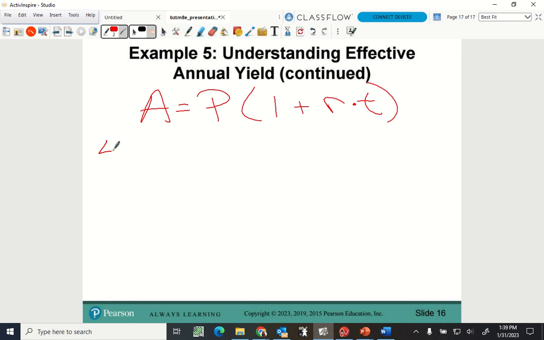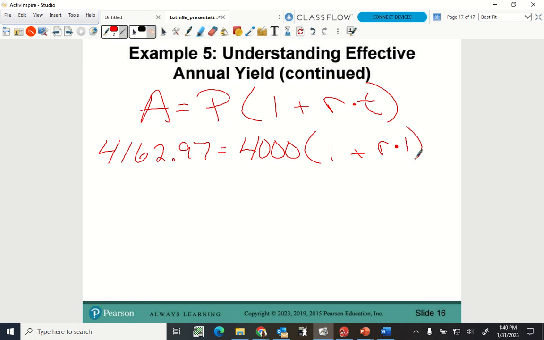So my future was 4162.97, which is equal to my initial, which is 4,000, times (1 + R), where R is what I'm looking for here. I'm going to do all this here, and at the end, I'm going to make the formula for you so you can just plug it in every time. Is that plus? Yes, that's a plus. And R times what's my time? 1 year. 1 year, very good.